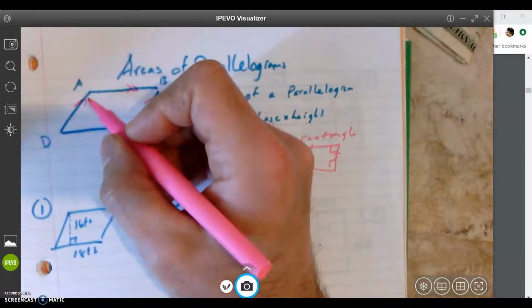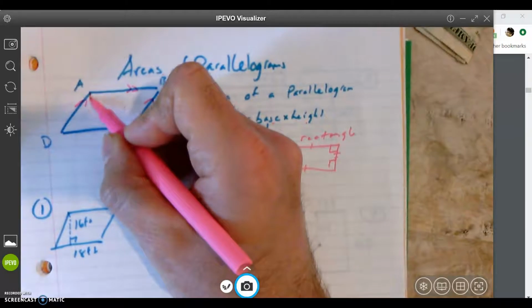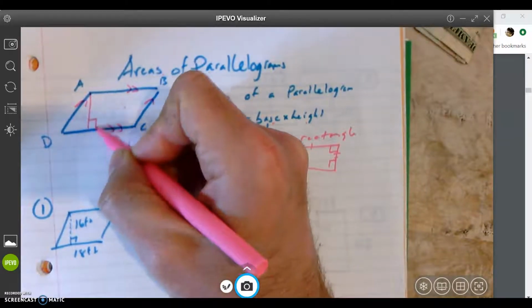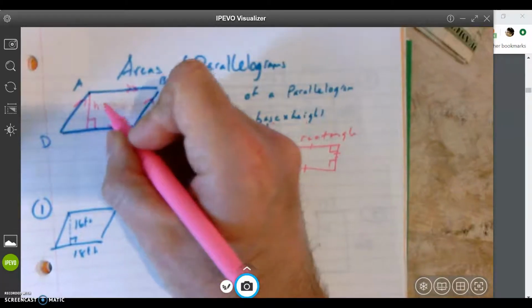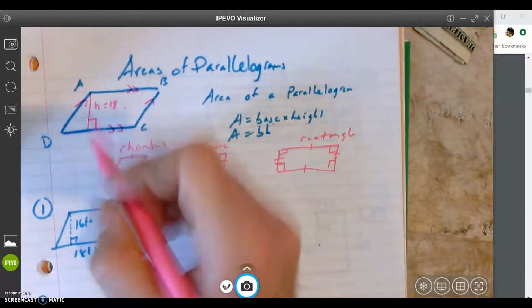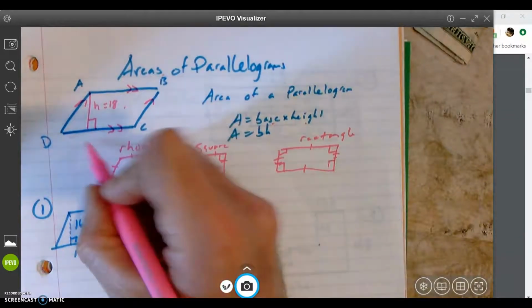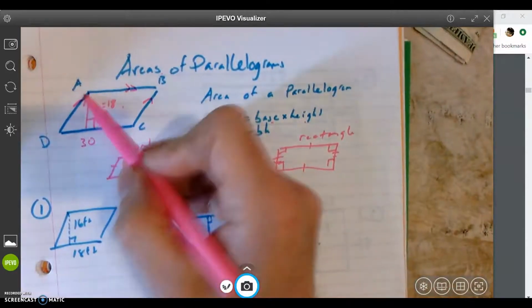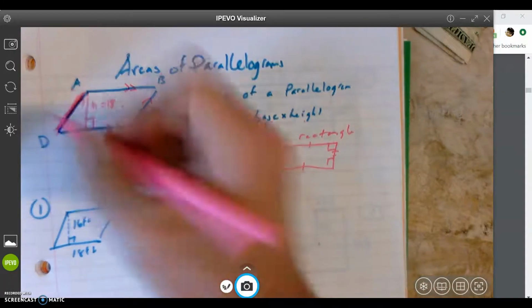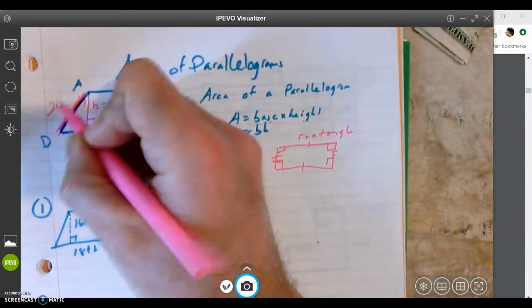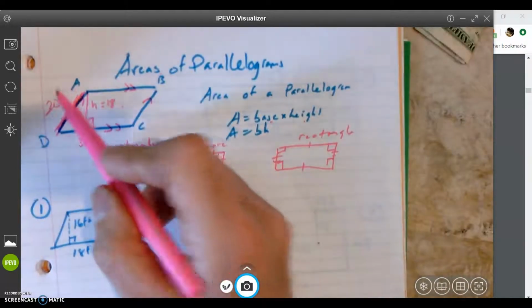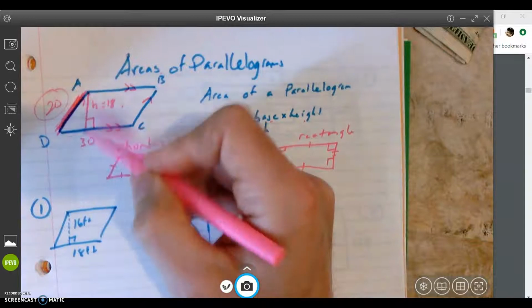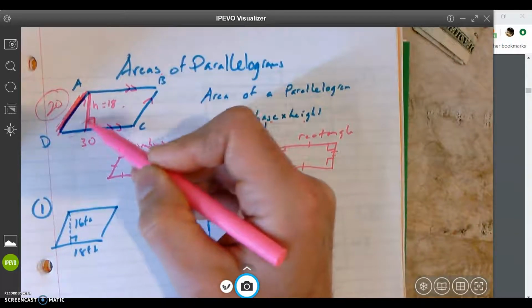So in the example that it provides you, this is the height, which is 18, and this is the base or bottom, which is 30. So what is the area? Well, if it gives you this or anything like this, if it said this is like 20 or something, this is irrelevant because this is not the height. It's just this is the height. And notice how it makes a right angle here.